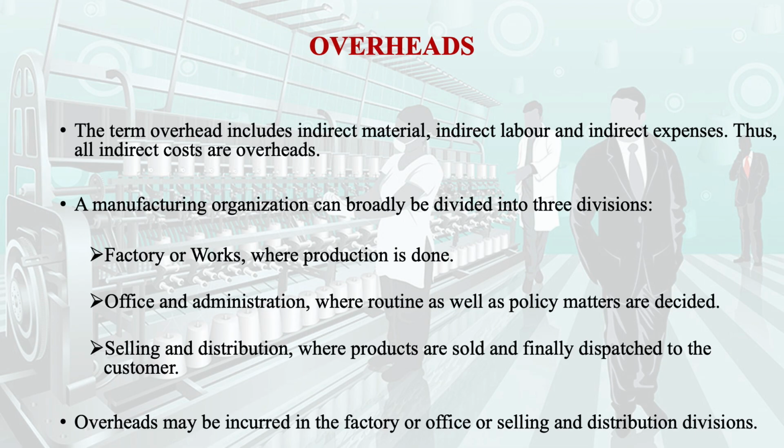Second, office and administration, where the routine as well as policy matters are decided. Third, selling and distribution, where the products are sold and finally dispatched to the customer. Overhead may be incurred in the factory, office, or selling or distribution division.